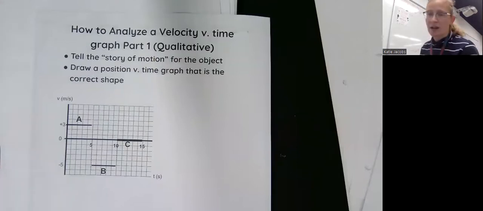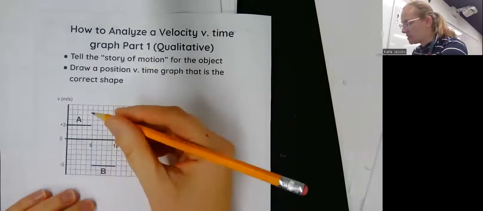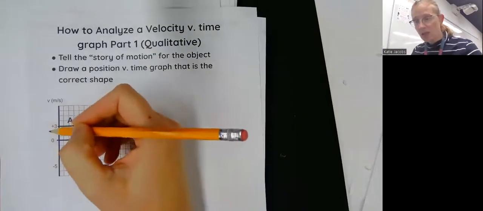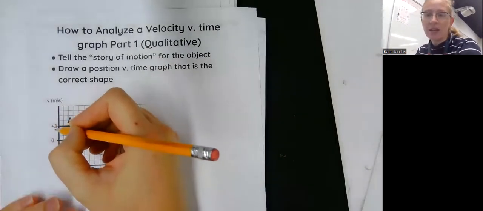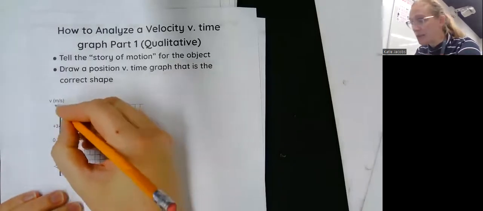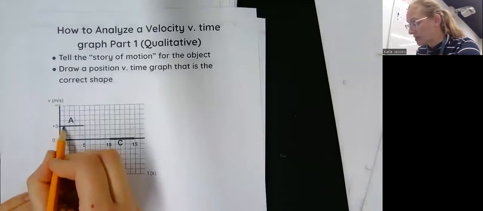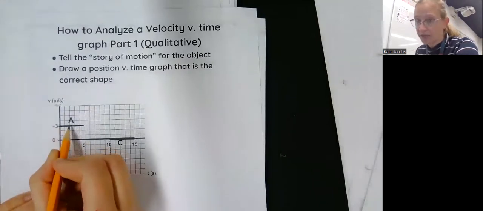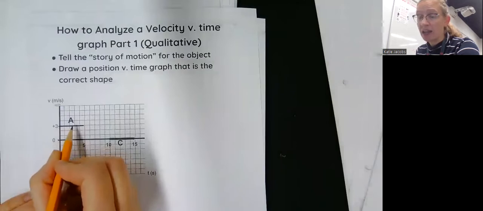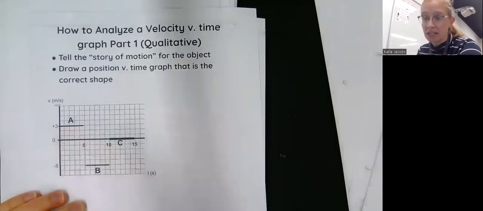Let's start off by understanding that the y-axis means velocity. So when I see this +3, this is +3 meters per second. At the beginning of the motion, for segment A, even though this is a flat line, a flat line on a velocity graph means the object is moving.